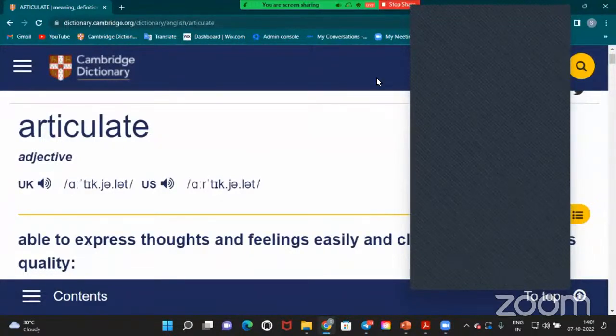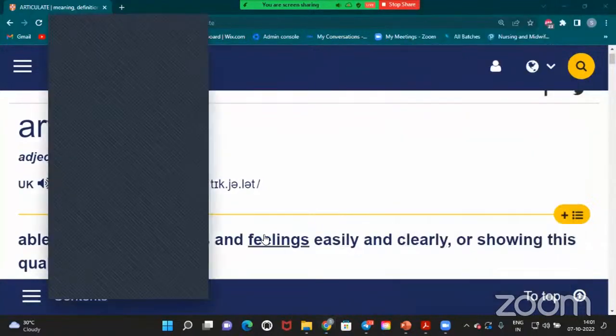Ten, 9, 8, 7, 6, 5, 4, 1 person said yes. 3, 2, Jansi said yes. Okay, I told 2 persons. Yeah, Shahid and Jansi said yes. Okay, the others don't want.